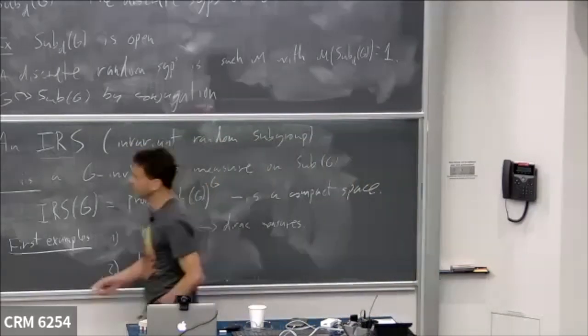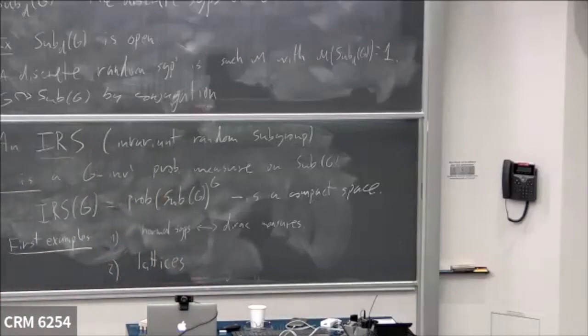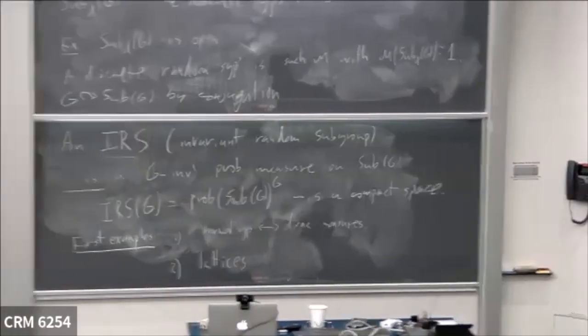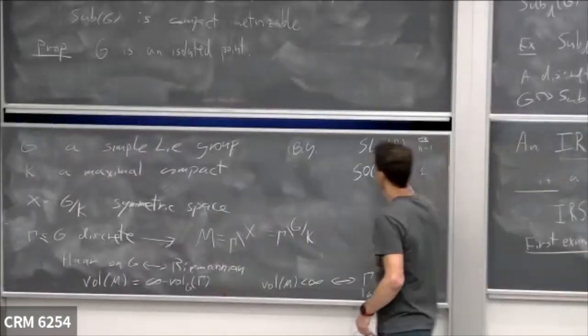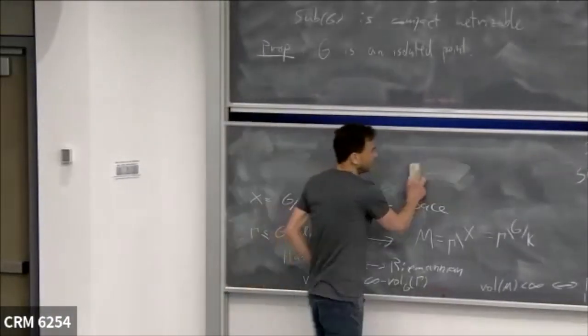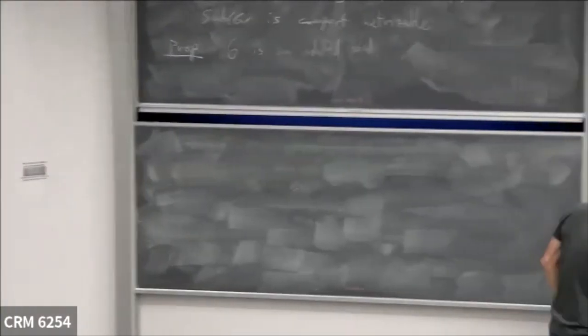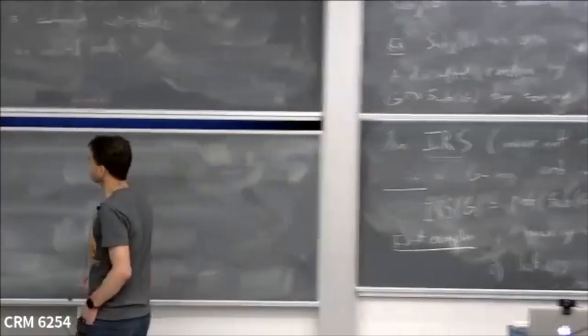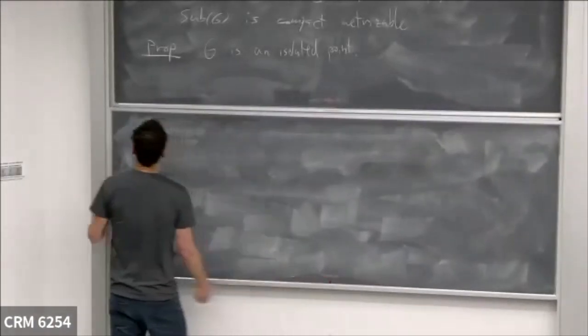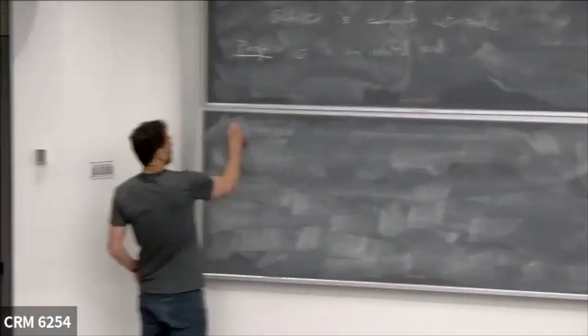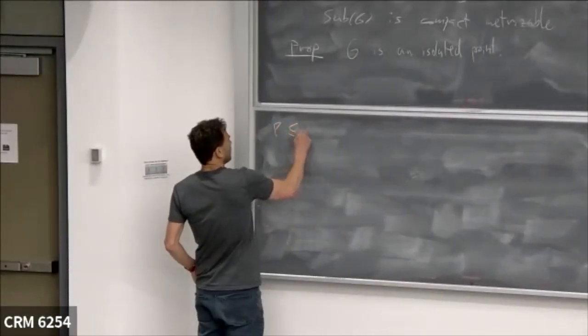So let me explain. If gamma is a lattice, then G mod gamma has finite volume, which we can normalize to be 1, so we can consider the probability measure. Suppose that gamma inside G is a lattice.